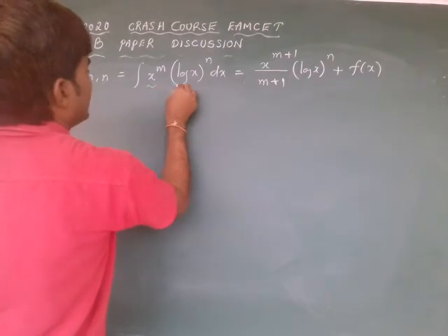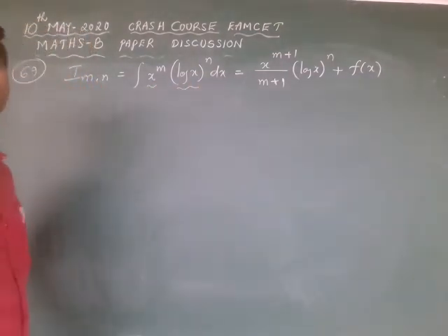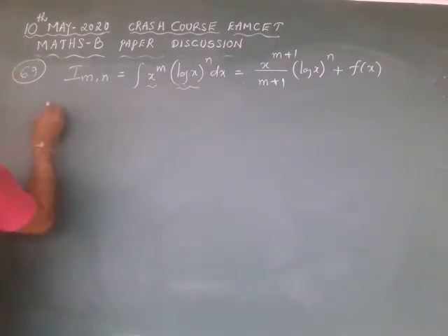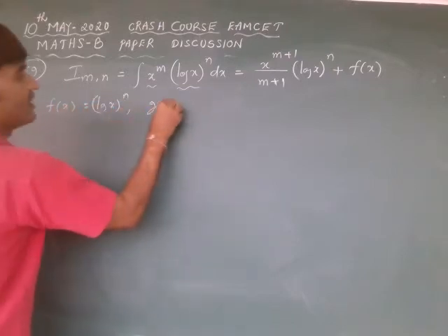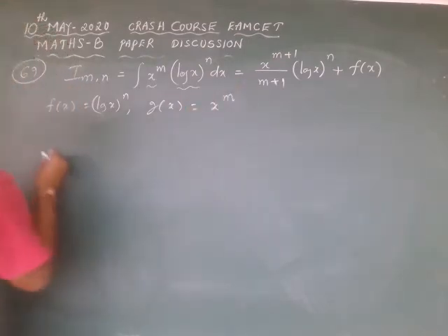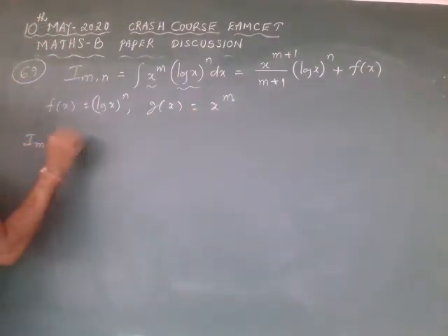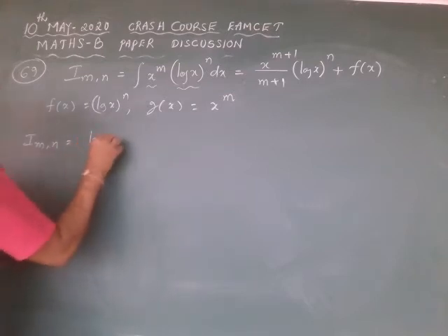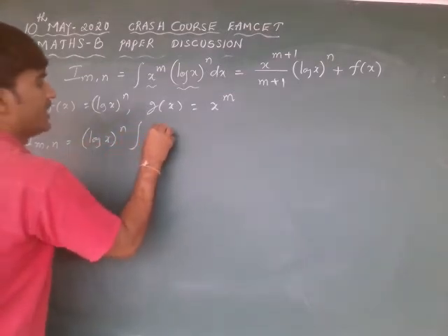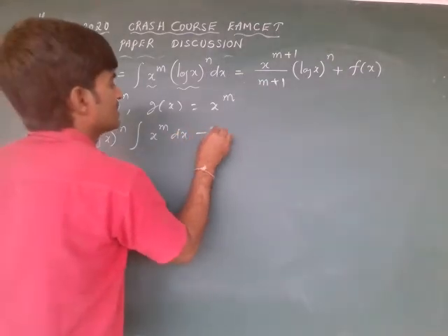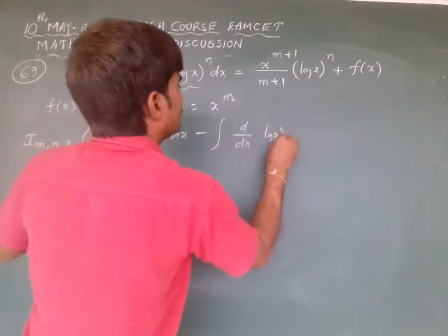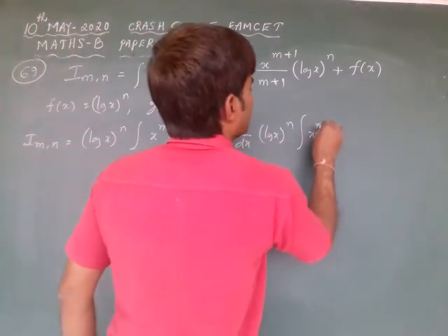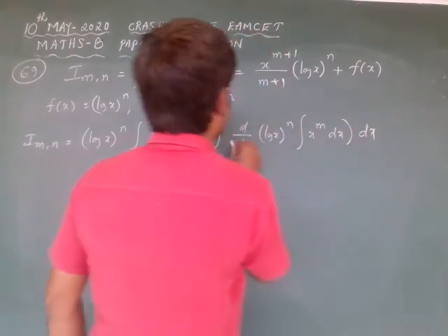now it looks like f of x into g of x using Euler. According to Euler, f of x is equals to log x whole to the power of n. G of x is equals to x to the power of m. Using Euler formula, it is f of x integral g of x dx minus derivative of f of x, d by dx of log x whole to the power of n, into integral x to the power of m dx into dx.